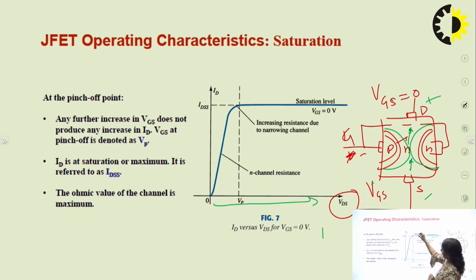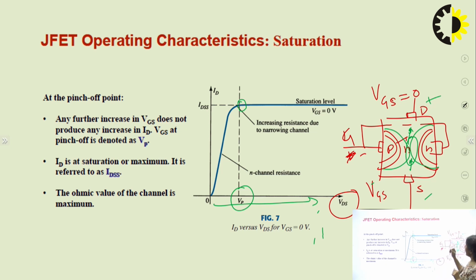is also increasing. But as soon as this VDS is equal to VP, that is the pinch off voltage. What is pinch off voltage? It is the voltage when both the depletion regions are almost touching each other. That means there is a minimum gap left between the two depletion regions, and the maximum number of charge carriers would manage to pass through this small path.